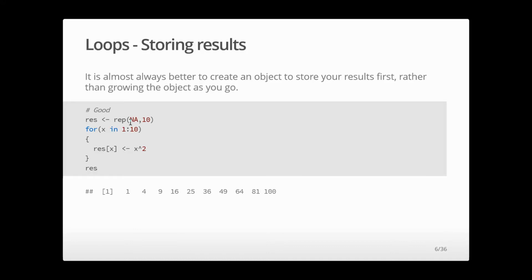You want to create the thing first, though, so you don't have to constantly resize or create copies of that vector. When you're doing 10 iterations, it's going to make 0 difference. But if you're going to do 1,000, 10,000 or 1,000,000, you'll see the difference in computation time.